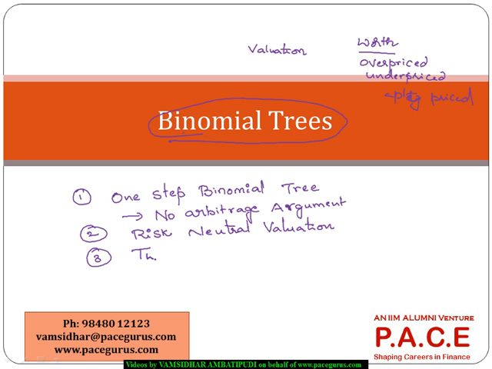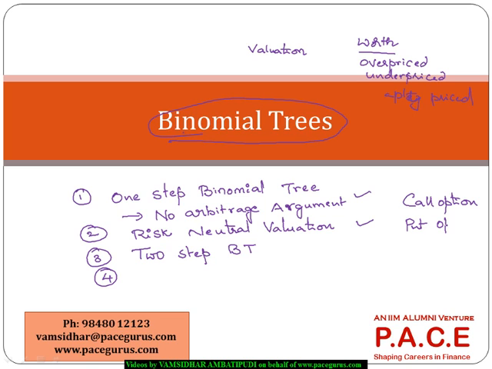Once a comfort comes on the one-step binomial tree, then I talk about the two-step binomial tree approach. What is the kind of difference we bring out compared to a one-step binomial tree approach? And these two kinds of scenarios I would be working out both for evaluating a call option's price as well as for a put option.